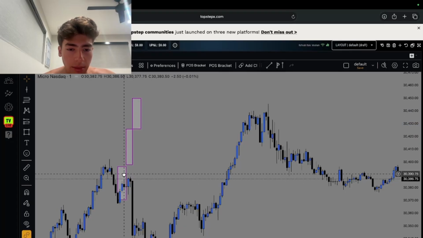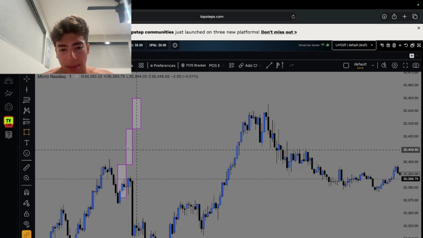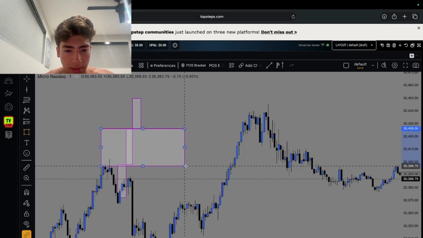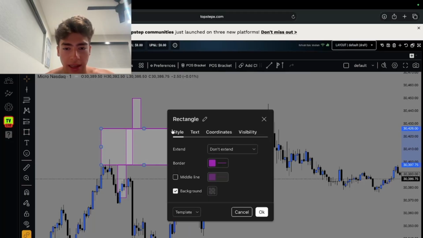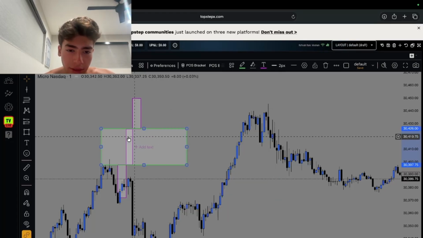This is the gap. This right here is the fair value gap. And you probably have been able to notice that as I'm going through the chart examples. So the green box would be the fair value gap, the green box right there.